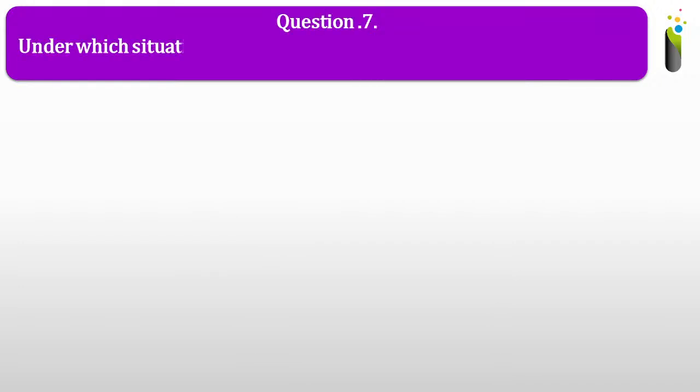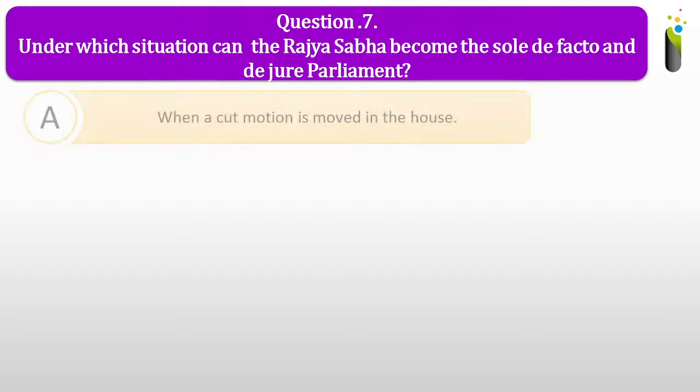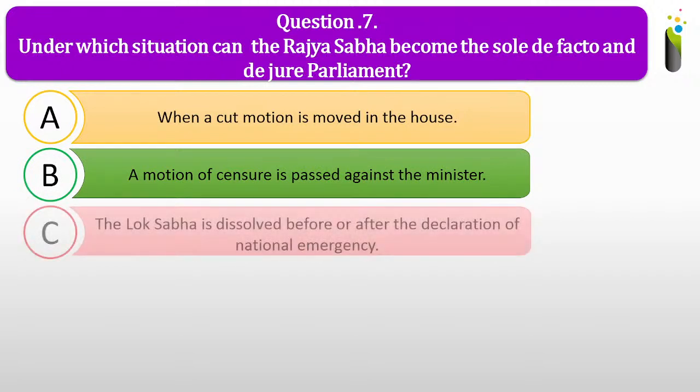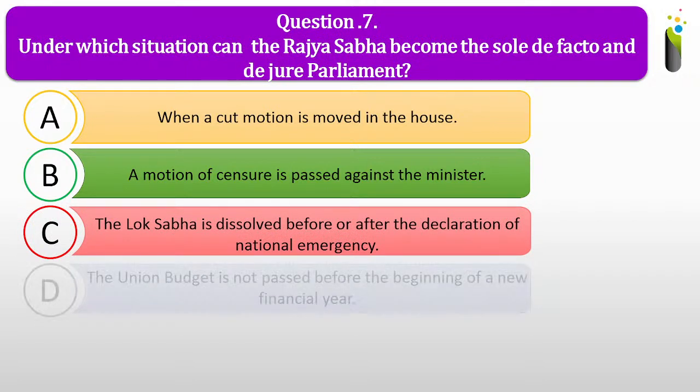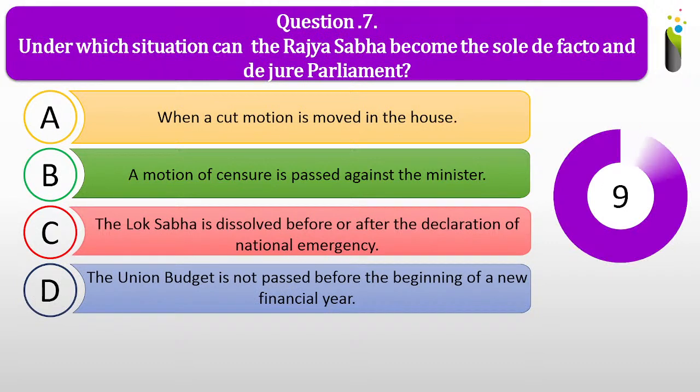Question number 7. Under which situation can the Rajya Sabha become the sole de facto and de jure parliament? A. When a cut motion is moved in the House. B. A motion of censure is passed against the minister. C. The Lok Sabha is dissolved before and after the declaration of the national emergency. D. The union budget is not passed before the beginning of a new financial year.